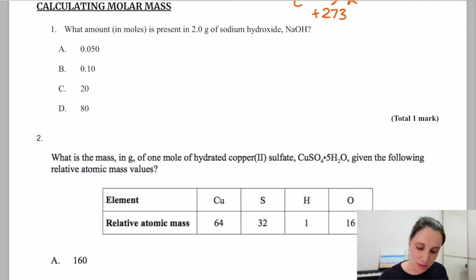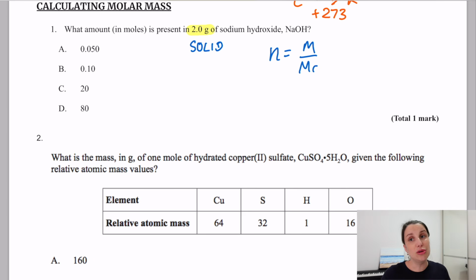What amount in moles is present in 2 grams of sodium hydroxide? If it's in grams, that tells me that this is definitely a solid. So I know that I should be using my moles equals mass divided by formula mass. In your paper 1, you do get given a periodic table.